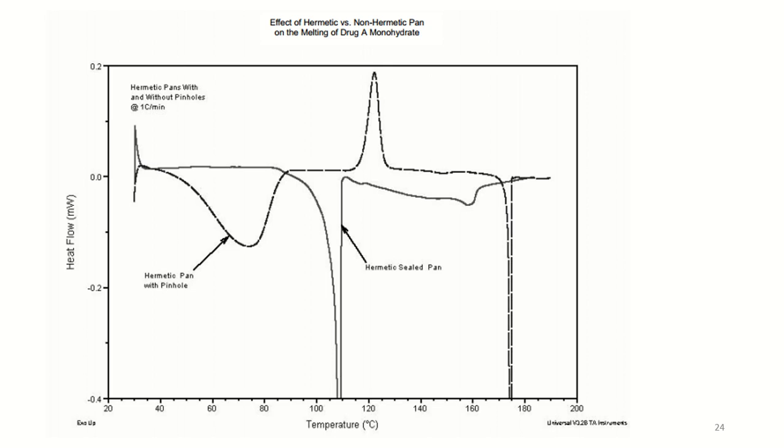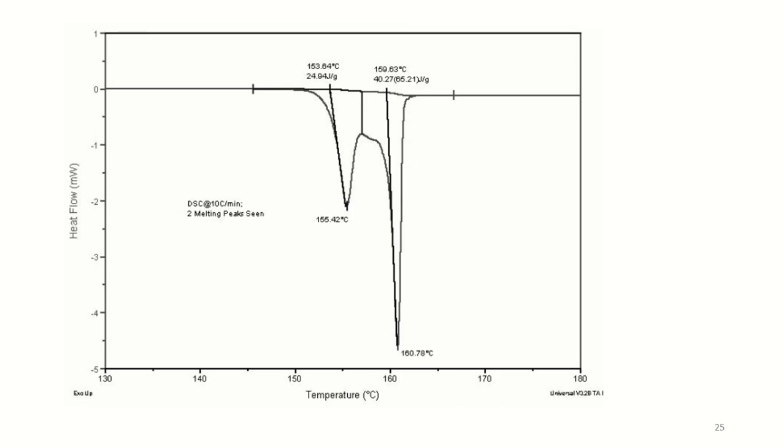If multiple peaks or shoulders on major peaks are seen, then a lower heating rate experiment should be performed to see if overlapping peaks can be separated or additional peaks may form. And this figure shows the data for the anhydrous drug at about 10 degrees Celsius per minute.